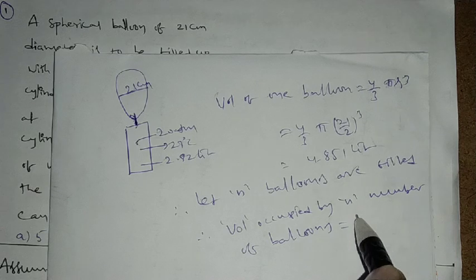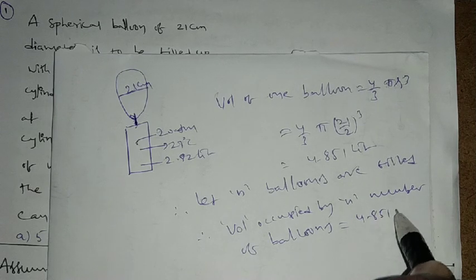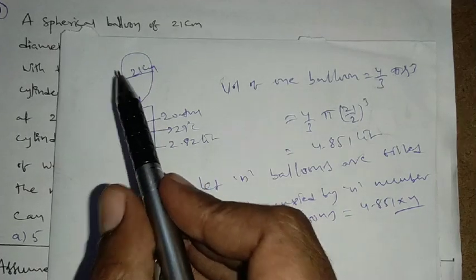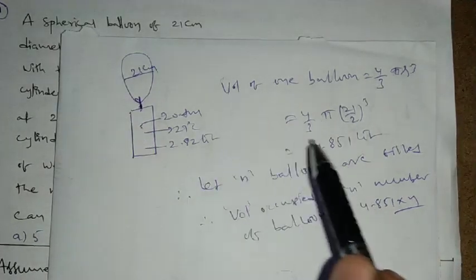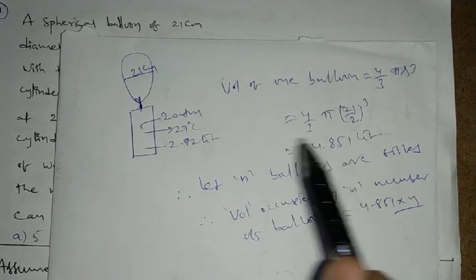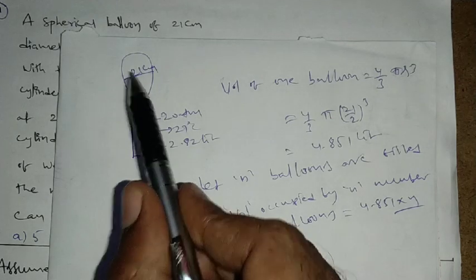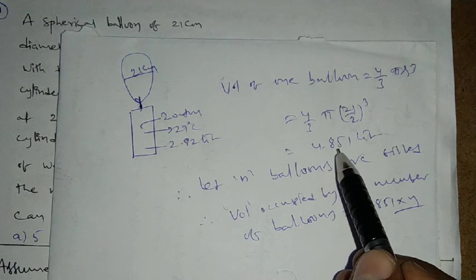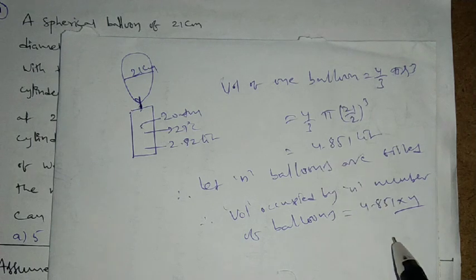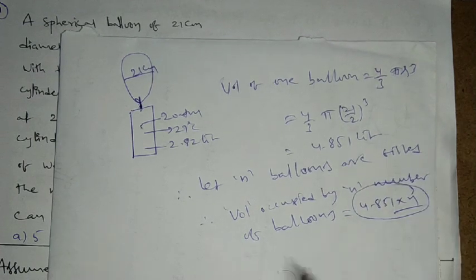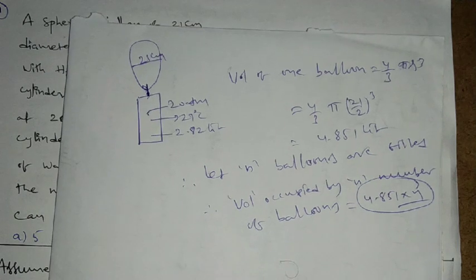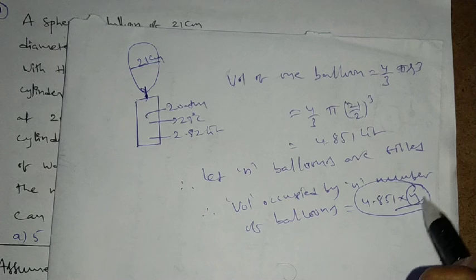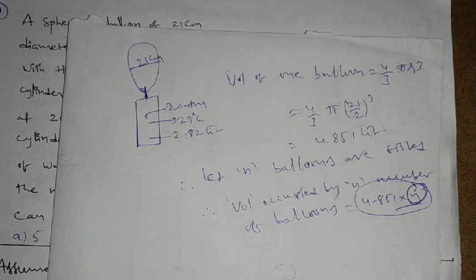It is 4.851 into n. Is it okay? As per the given diameter, we got the volume of one balloon. Just consider that by this gas n balloons can be prepared. Then the volume of n balloons is one balloon volume into n. This much volume is occupied by n number of balloons. Now our work is to find how many balloons, this n.